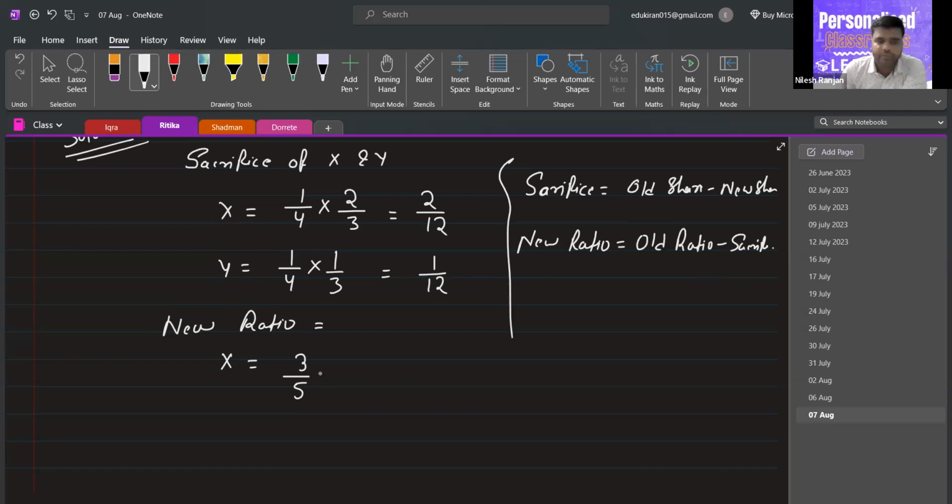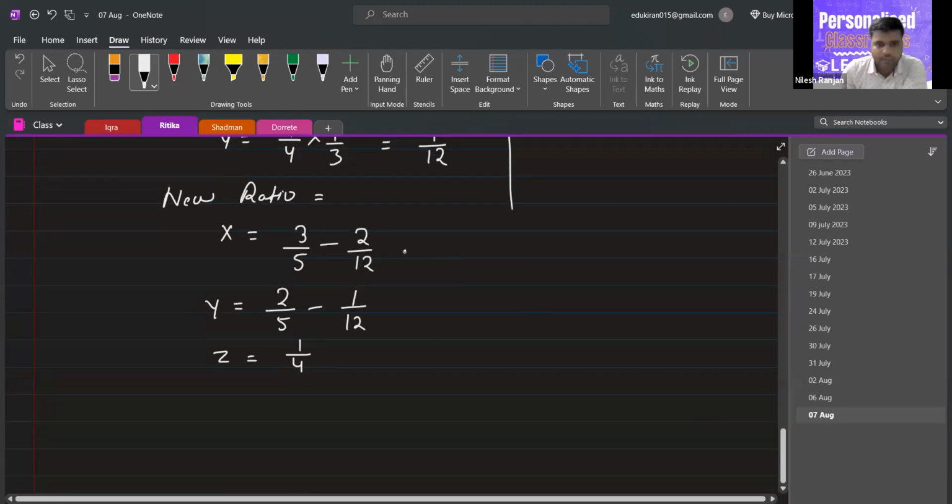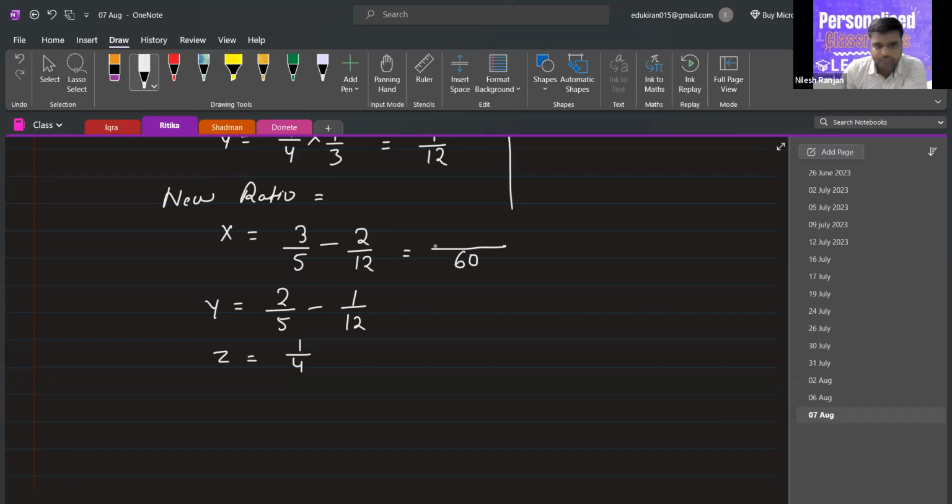So here it will be 3 by 5 minus 2 by 12. And for y, it is 2 by 5 minus 1 by 12. And for z, it is 1 by 4. Now, it will be 60, 36 minus 10, which is 26 by 60.